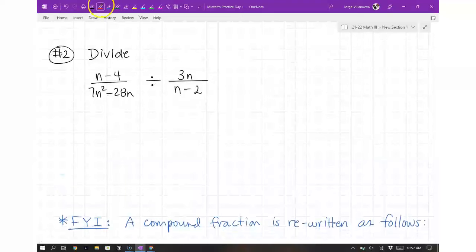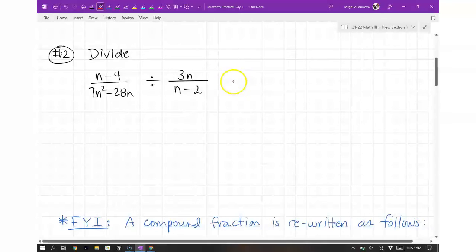So, you guys, when we did this the first time, I told you, you do not divide fractions, you multiply by reciprocals. Okay, so your very first step is going to be to rewrite this. So the first fraction stays the same. No need to do anything to it yet. But instead of division, you're going to put a multiplication.